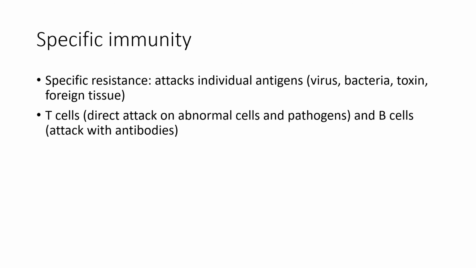Okay, so everything we've talked about up till now, since we had that graphic with the chart, has had to do with non-specific resistance. Now we're talking about specific immunity, or adaptive immunity, or the other immunity, if you will. So specific resistance is going to attack individual antigens from viruses, bacteria, toxins, or foreign tissues.